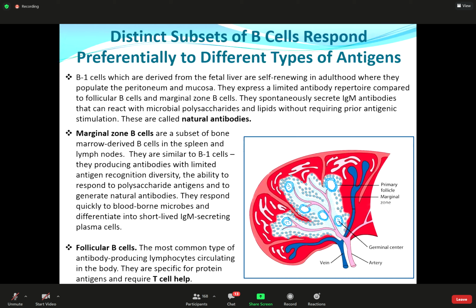And within the lymph nodes, we have a variant of these B1 cells, which are present in this area here called the marginal zone, outside of these egg yolk type structures. So this is where T-independent antibody production occurs.